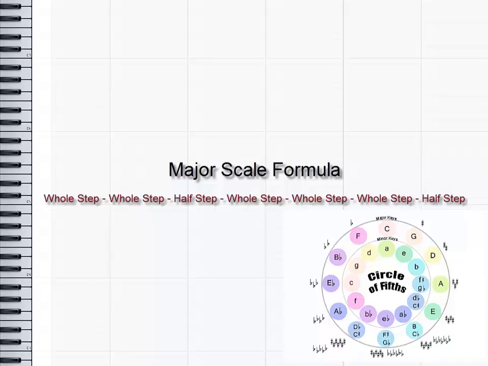We are now on E major. Let's use our major scale formula on E and find our sharps. Starting on E, E, whole step, half step, whole step, whole step, whole step, and a half step. Once more.